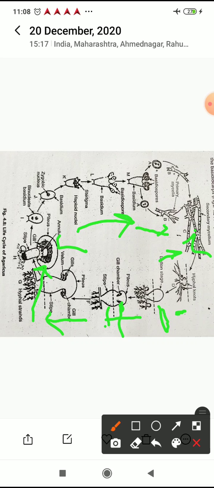So this is the type study, one example, Agaricus bisporus, we have studied here as a representative member of group fungi. Okay.